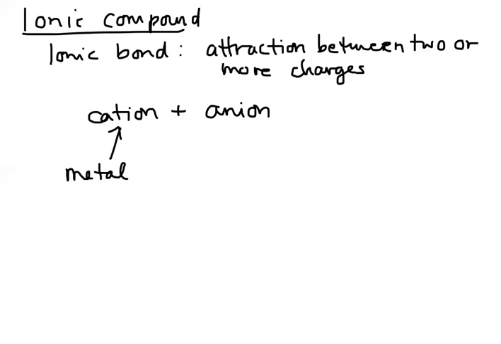Because remember, a cation is a positively charged particle. And the anion, so it's usually metal. I'm going to put usually, because I will come up with an exception later on, as always. And that means your anion is usually a nonmetal.